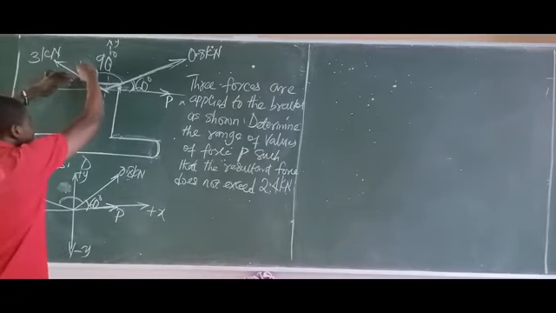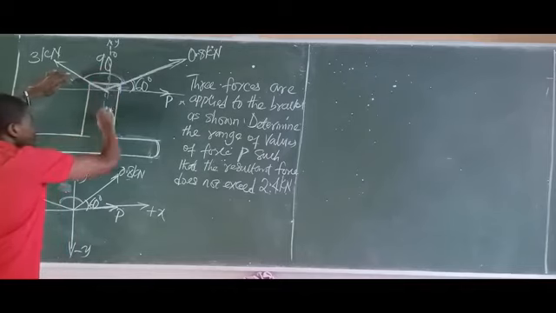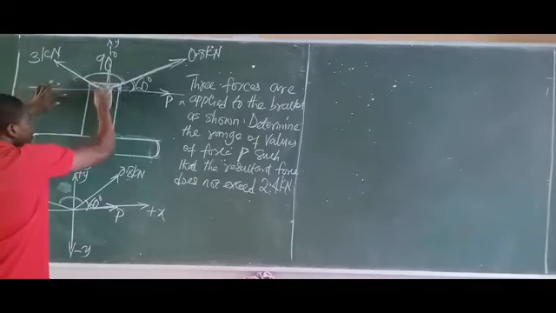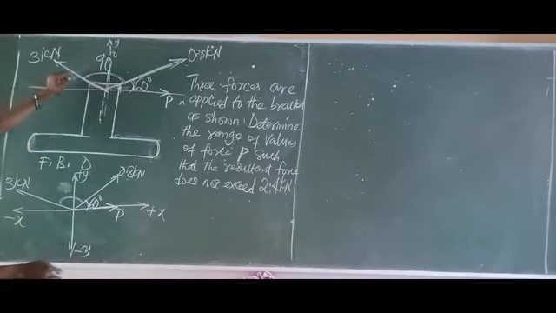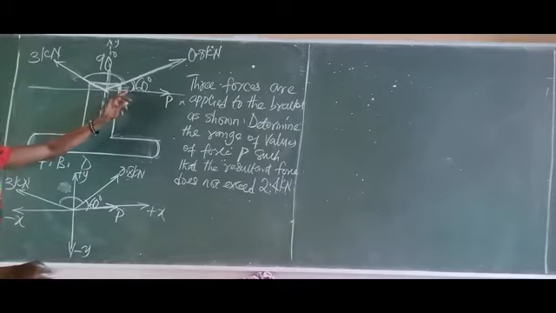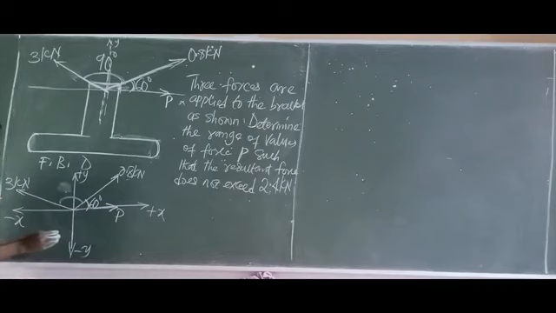So to avoid confusion, from here to this point, I've bisected it into two. This is my y, and this is my x. Now, from this force to this force is 90 degrees. But not forgetting, from this point to this force is 60 degrees.